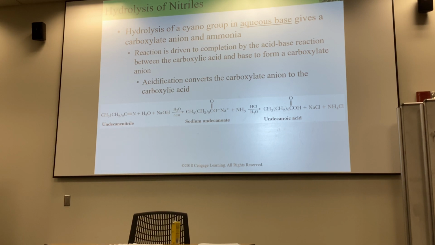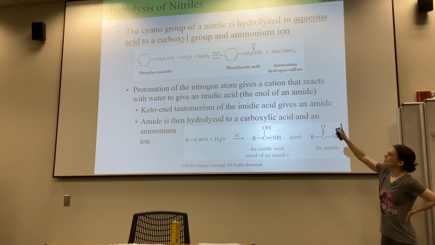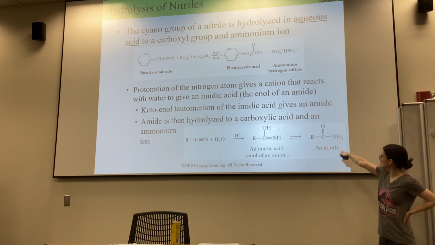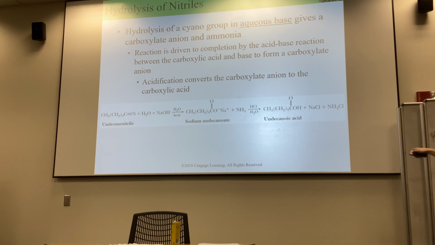Okay, so when you do the mechanism for hydrolysis of an amide, or in the middle of hydrolysis of a nitrile, you're going to get an amide, then you're going to hydrolyze that in acid or in base, and in base what you're going to get is, basically you're going to form the acid in the mechanism, and then it's going to get deprotonated.